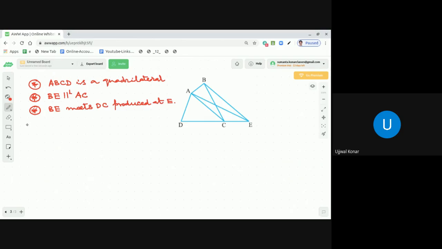Prove that area of the triangle ADE is equal to area of the quadrilateral ABCD. Is the question clear, dear students?